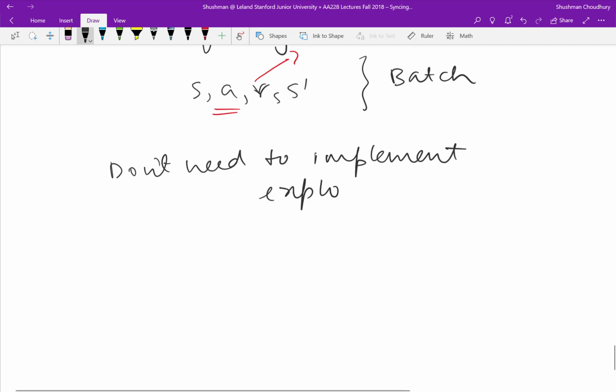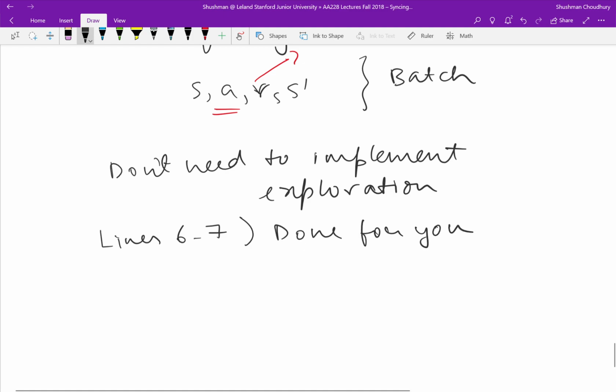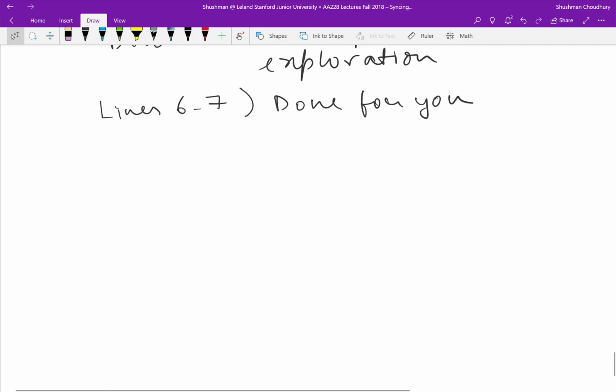So in algorithm 5.3, lines 6 and 7 are done for you. You already have an action and you have the next state. So you can just jump to implementing line 8, which is the Q function update.